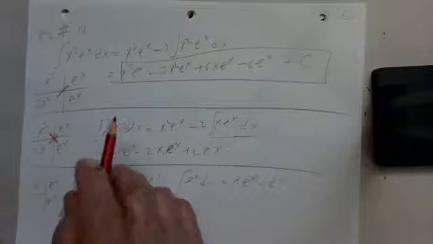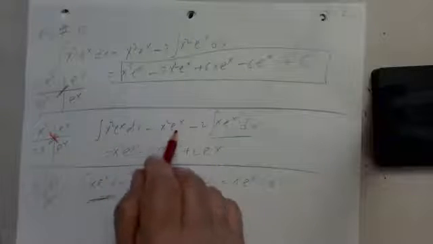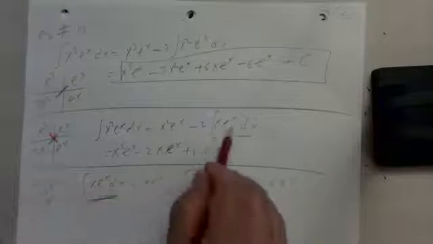The derivative of x squared is 2x. The integral of e to the x is e to the x. So by integration by parts, the integral of x squared e to the x is this times this, x squared e to the x, minus the integral of this times this. So this is 2x e to the x. I just took the 2 outside the integration sign. Oh, okay, and then you distribute.